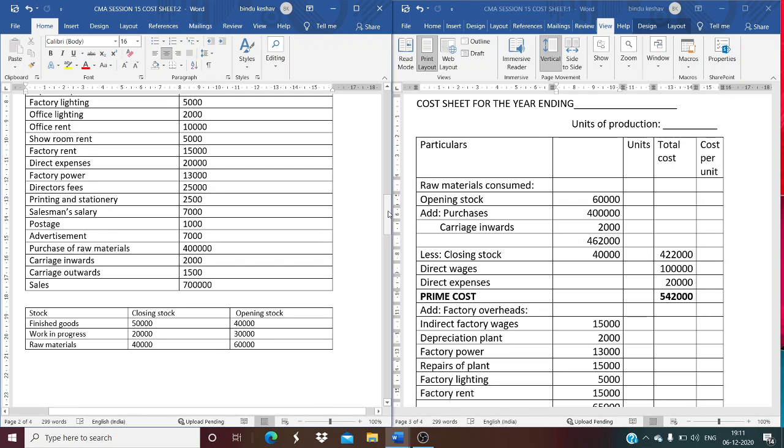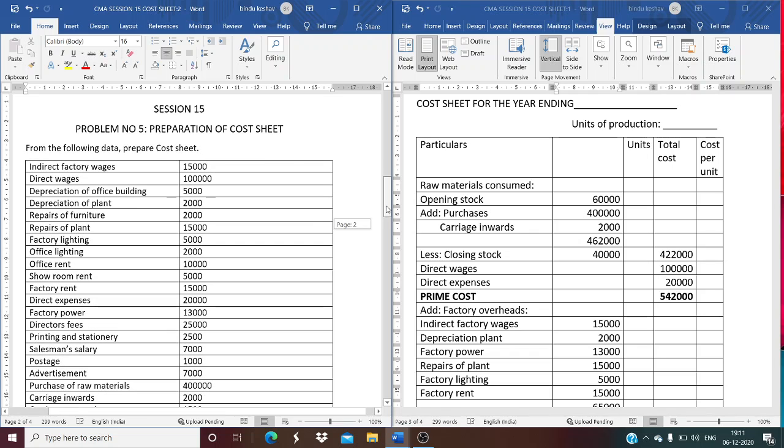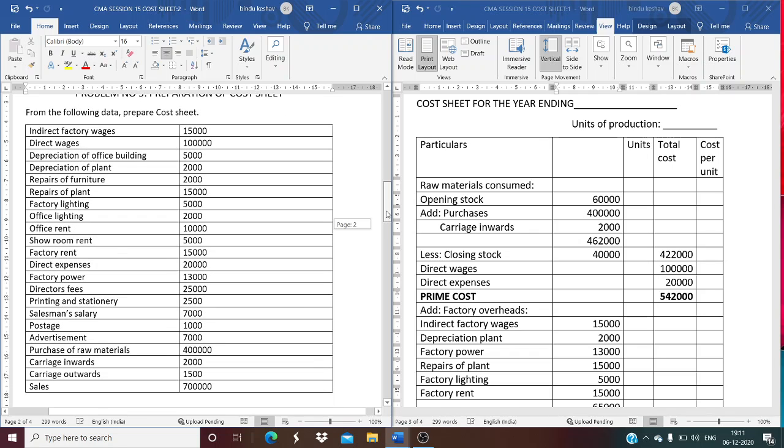And we also have information about the stock, the closing stock as well as the opening stock of finished goods, work in progress and raw materials. To prepare the cost sheet, first we should find out whether the number of units produced are given.